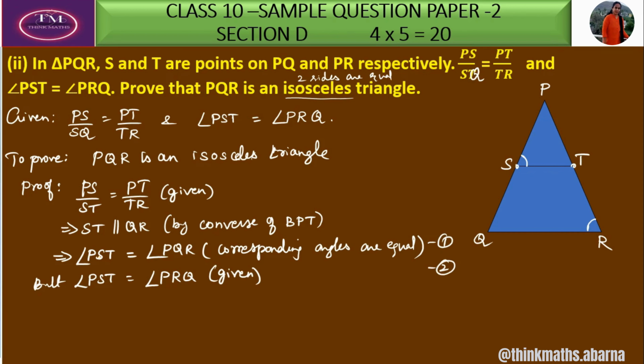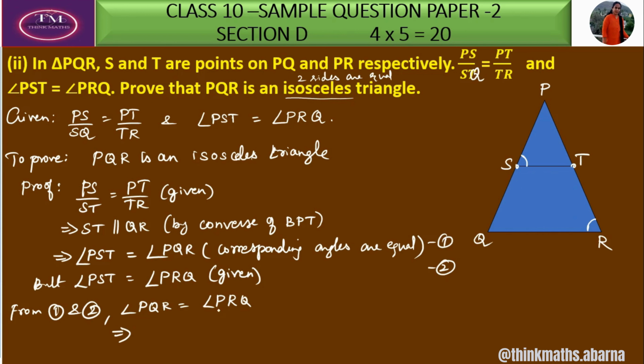So from 1 and 2 we have left hand side equal. Then what happens? Right hand side will be automatically equal. So from 1 and 2, angle PQR will be equal to angle PRQ. If two angles are equal, the sides opposite to them will also be equal.